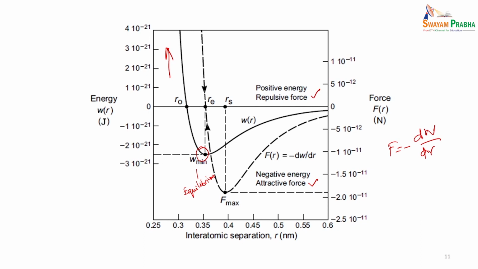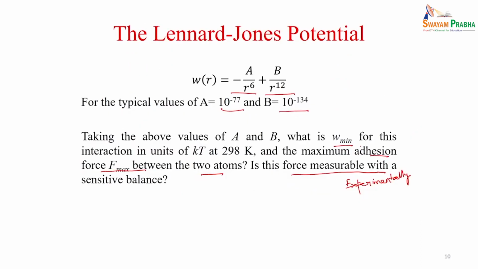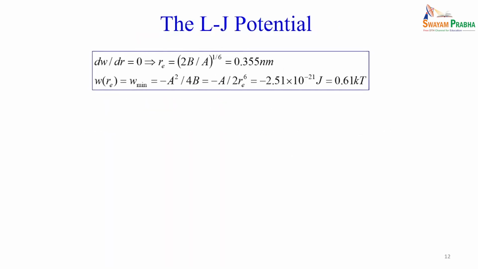So, the first part was what should be the W minimum. If you want to calculate the minima of a function, W(r) equals minus A upon r to the power 6 plus B upon r to the power 12.